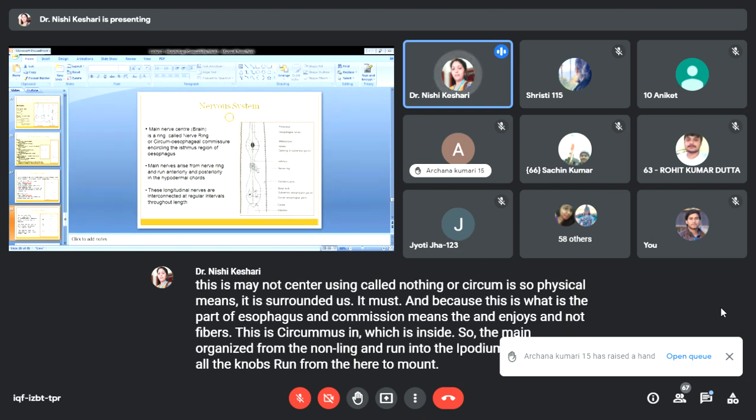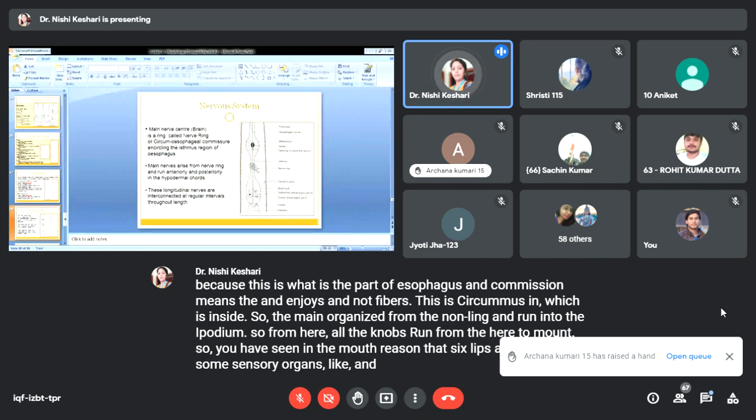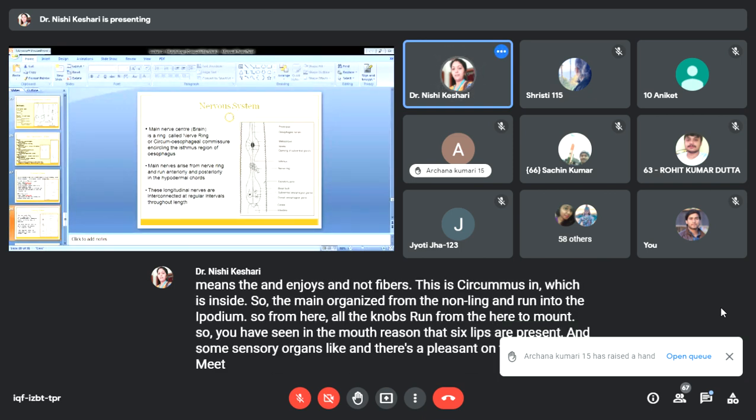You have seen that in the mouth region 6 lips are present, and some sensory organs like papillae. On the tail, phasmids are present. So these all are sensory organs, and some are special sensory organs.